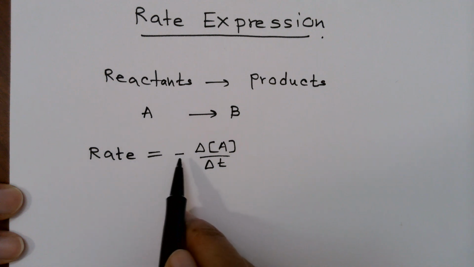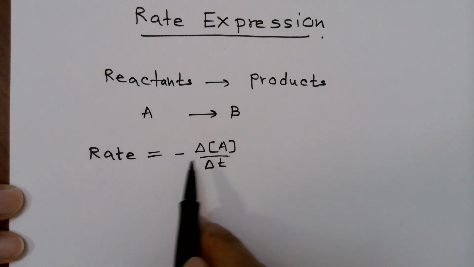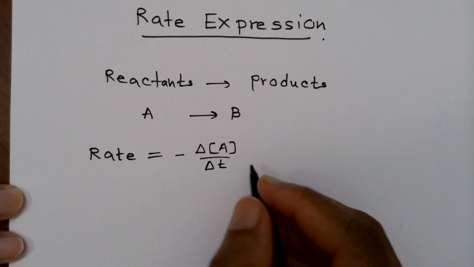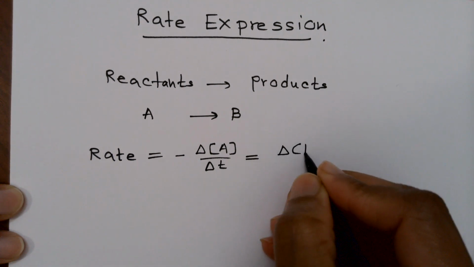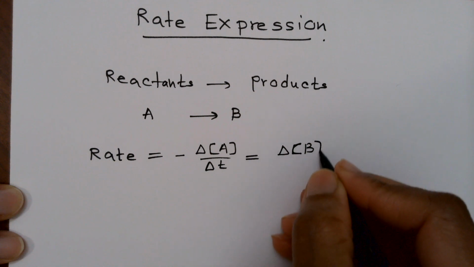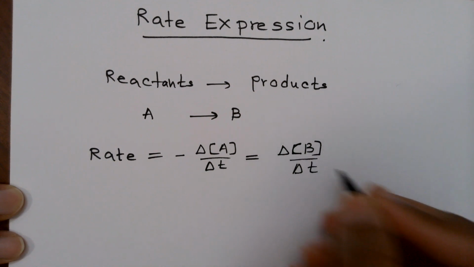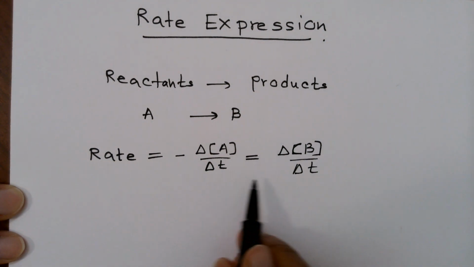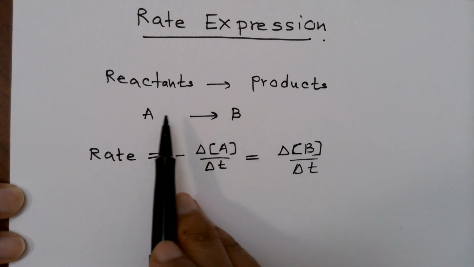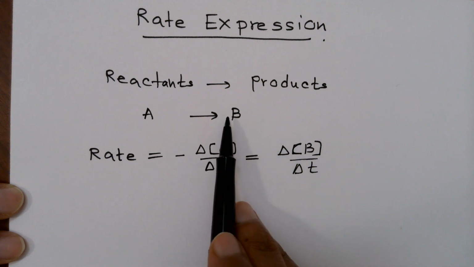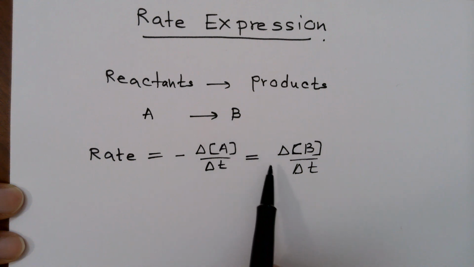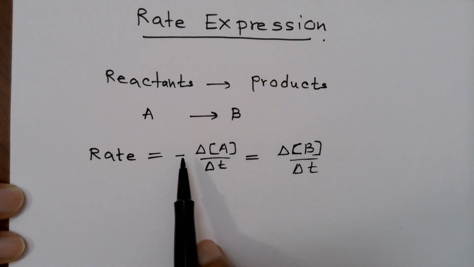This we can also write in terms of product B, change in concentration of B divided by delta T. This is the possible rate expression for this A goes to B reaction. The plus sign here is because B concentration is increasing with time, but for A it is negative.